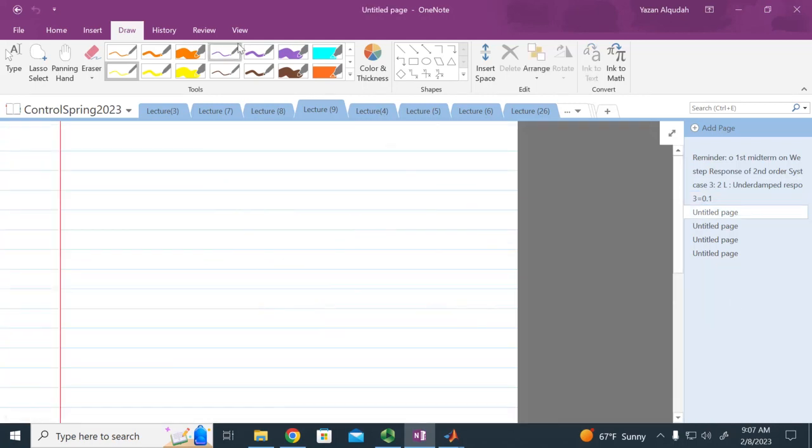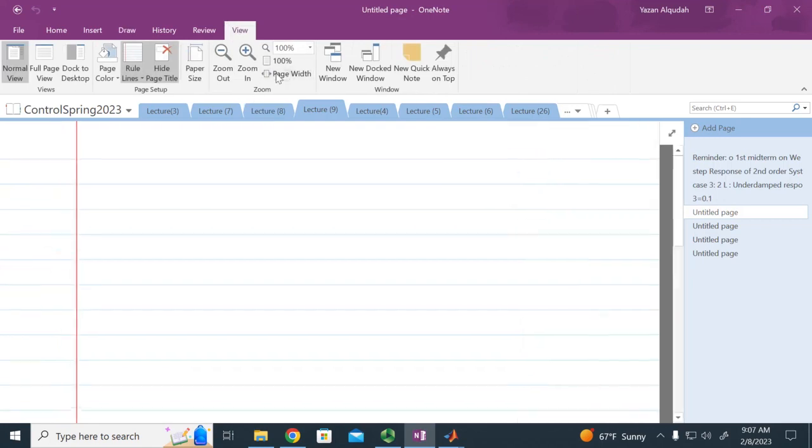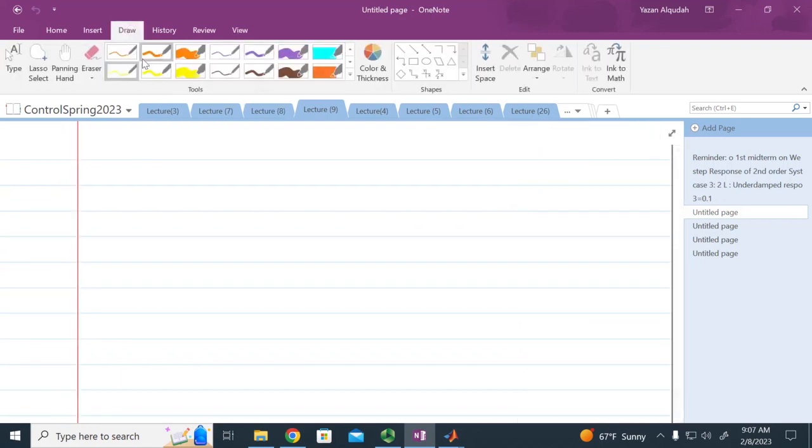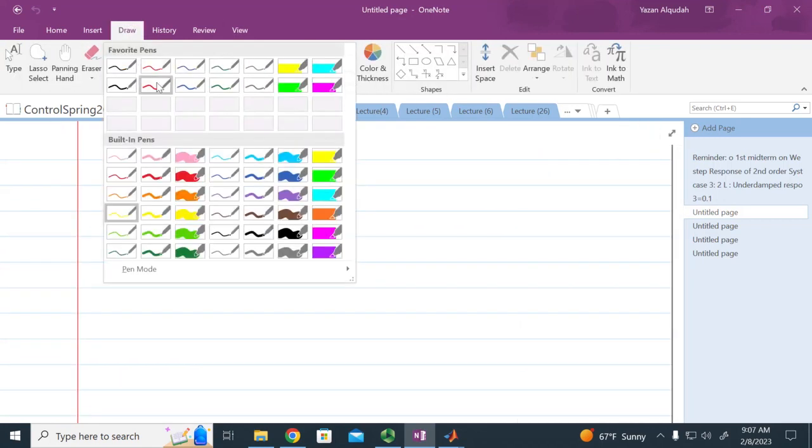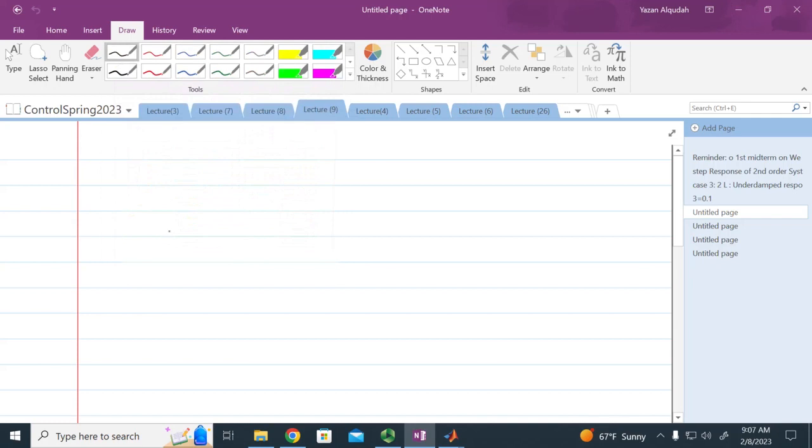Okay, the last thing we're going to look at today is the representation of poles in the S-plane for the case when the response is underdamped.